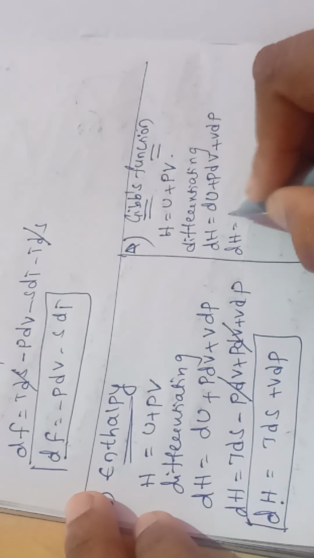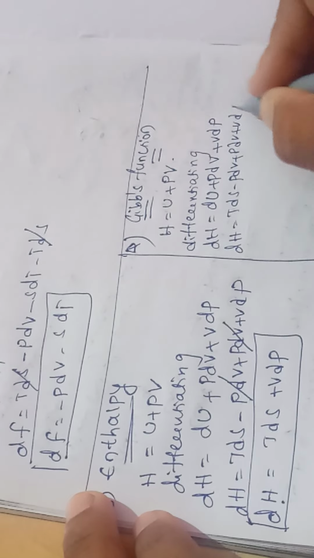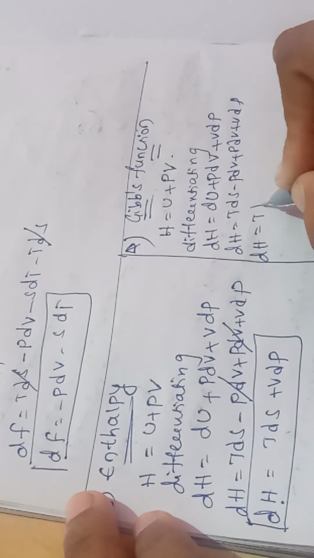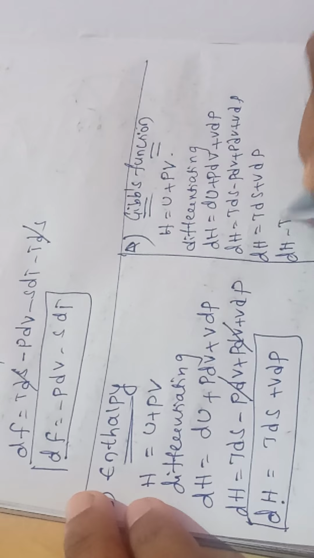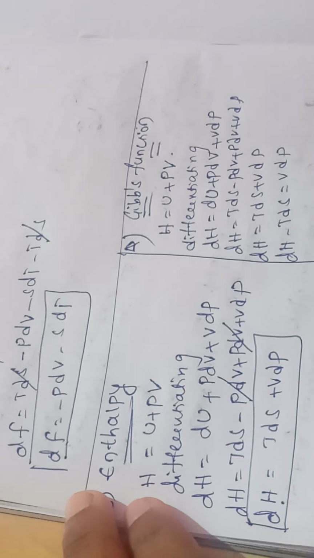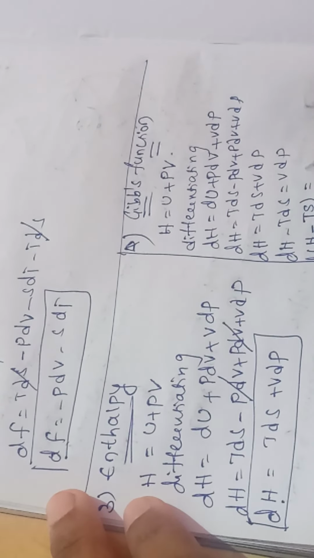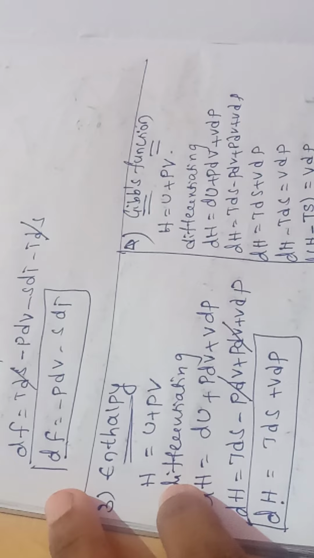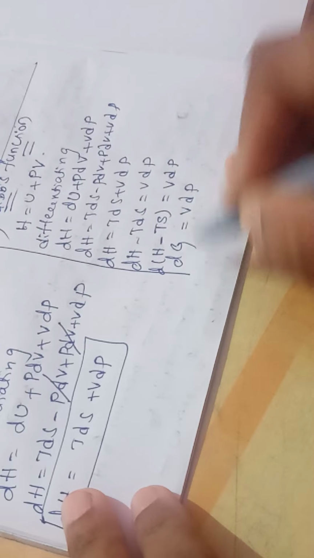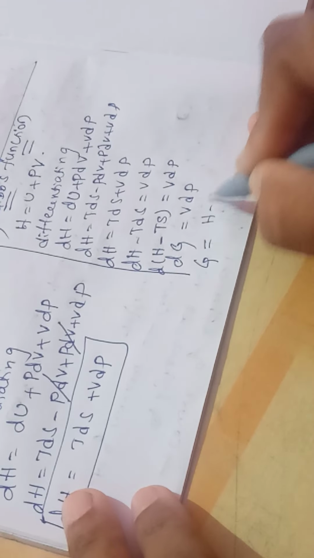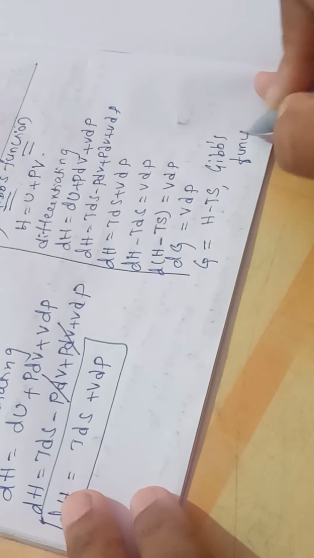Now substituting the dU value, TdS minus PdV plus PdV plus VdP. So totally we got dH is equal to TdS plus VdP, right? Now from this equation I am writing dH minus TdS is equal to VdP, or d(H minus TS) is equal to VdP, or I will write it as dG is equal to VdP, where G is equal to H minus TS, we call it the Gibbs function, right?